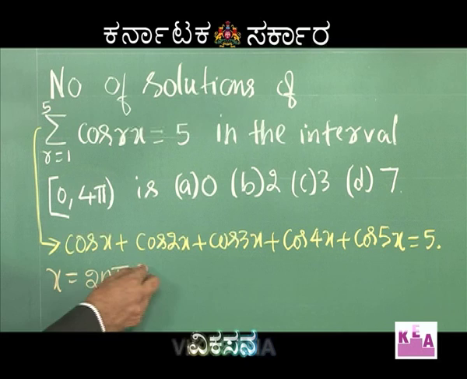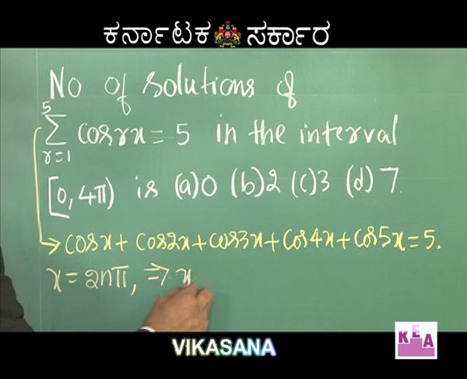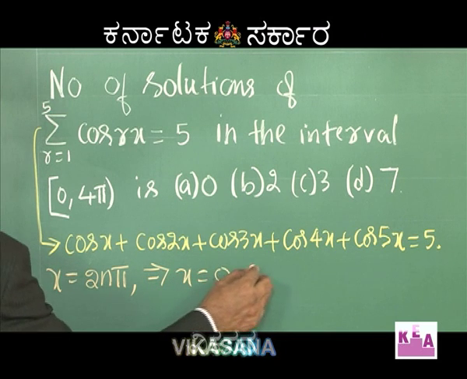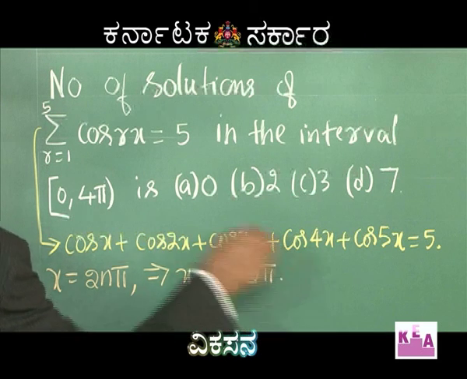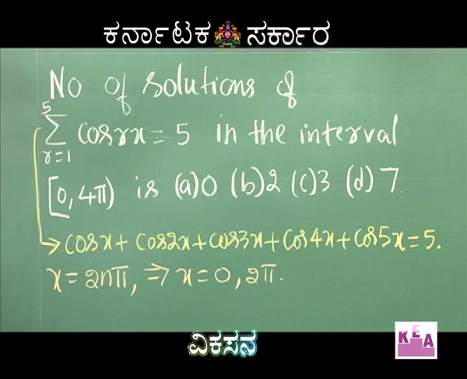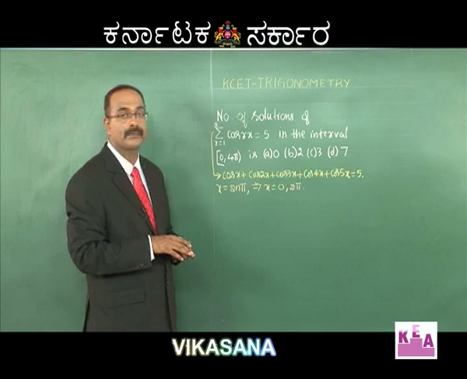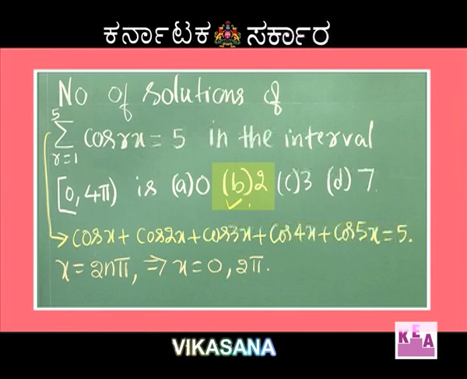That clearly implies x is equal to 0, that is the first possibility, 2 pi, that is the second possibility. 4 pi must be excluded because 4 pi is in the exclusion. That clearly says option B is correct. Understood this, dear students? Now let us go to the next problem.